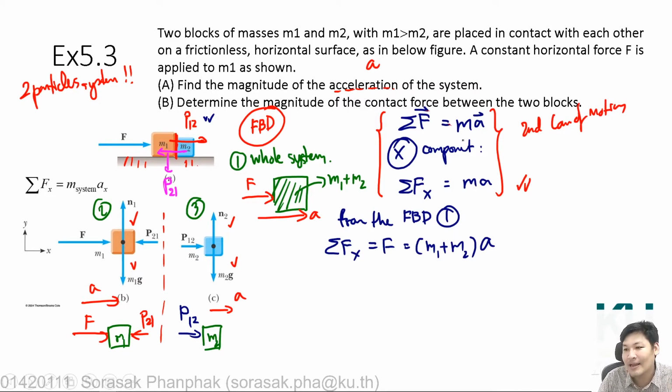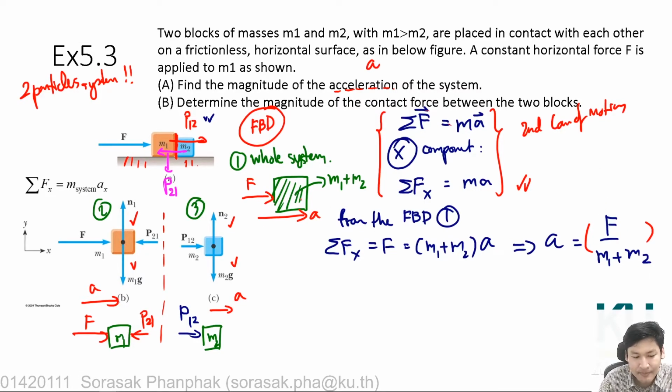From here you can determine acceleration in terms of the force that you use. So the acceleration of the whole system is F over m1 plus m2. This is how you can determine the acceleration.